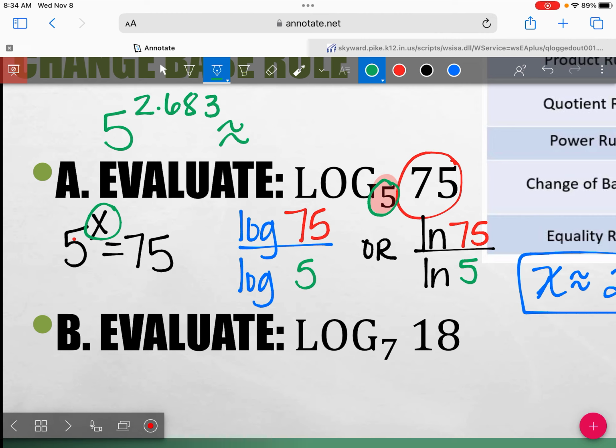That's how you can test that you got the correct exponent. So who got something close to 75? You should get like 75.05. Okay, which is really close. We can't get it exactly because it's a decimal, but that's as close as we can get it.